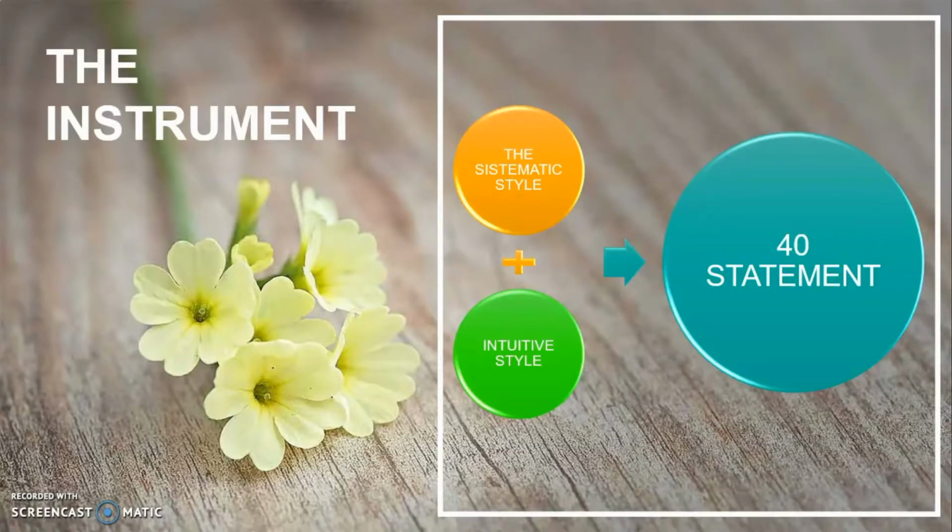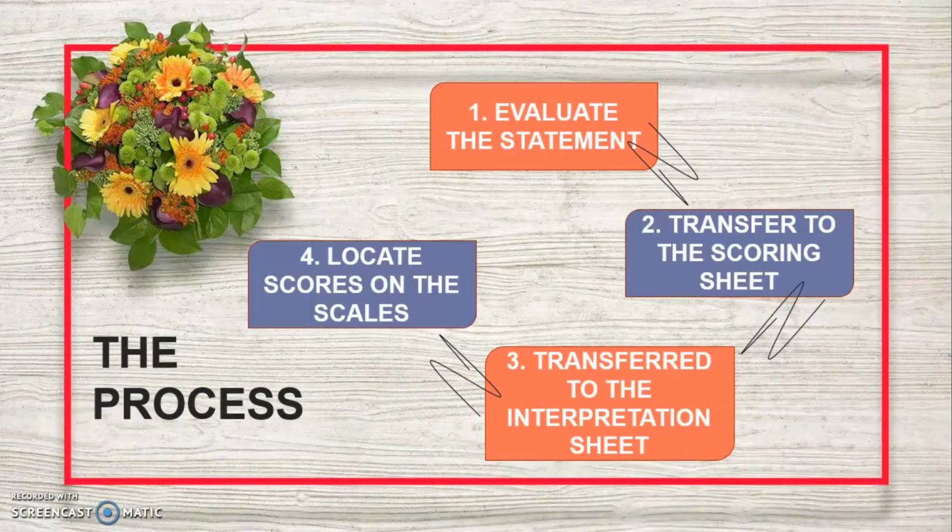The instruments. The cognitive style inventory consists of 40 statements, half of which pertain to the systematic style and half to the intuitive style. The process to complete the cognitive style inventory: firstly, the respondents evaluate each statement according to the degree to which they agree with it.